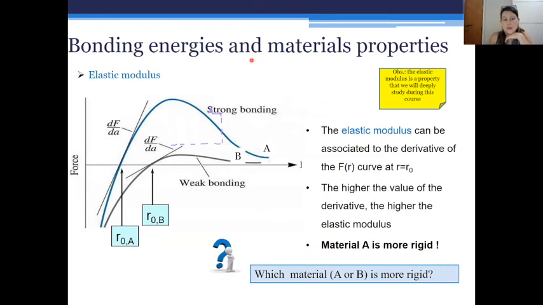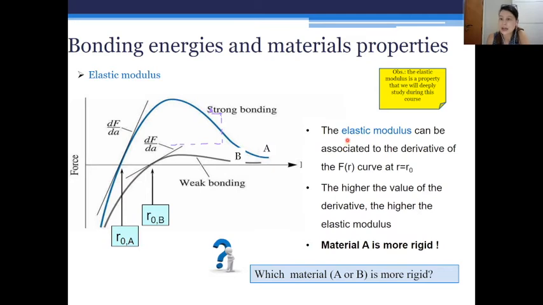Okay, if we compare these two materials, in that case we represent the force as a function of the interatomic distance of these two materials, A and B. In order to compare what is happening when we stretch the material, we can use what we will describe as the elastic modulus. It is a property of the material that is associated with the elastic deformation.